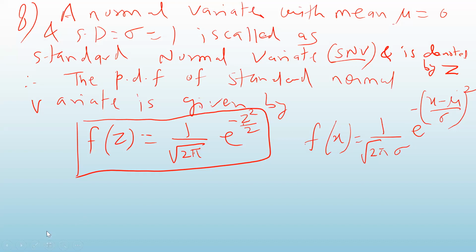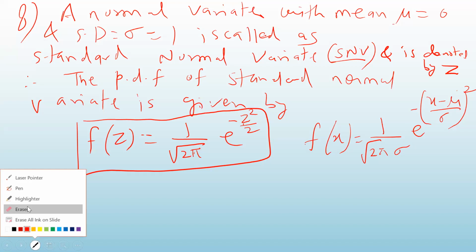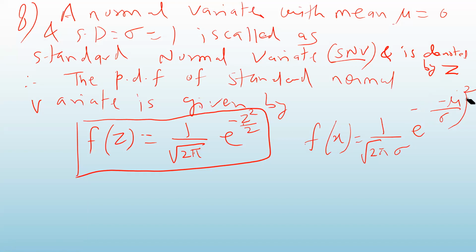Wait a minute, let me make a correction here. By mistake I have written that. So the correction: it is e raised to minus x minus mu whole square divided by 2 sigma square. It is like that.